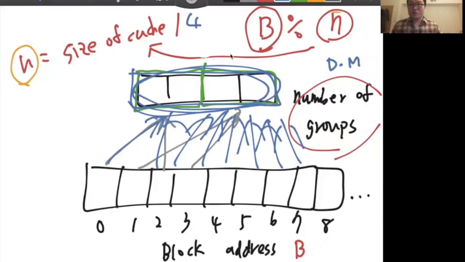It's the 4-way associated. So 2-way associated means this number equals 2, 3 means 3, 4 means 4. 4-way associated here means this number equals the size of cache. If this number equals the size of cache, this is the 4-way associated cache model.